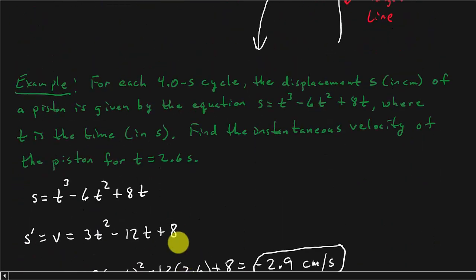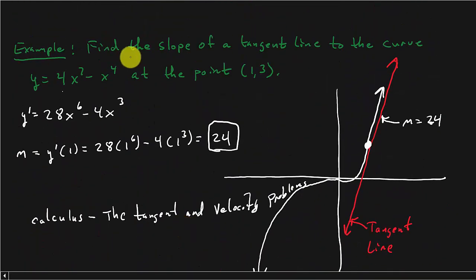Let's go back up here. How did we find the slope of the tangent line? We took the derivative and then we evaluated the derivative and got the slope. So what they're saying is, the slope is 0, but for what x values? What do we need to plug in for x to get a slope of 0?